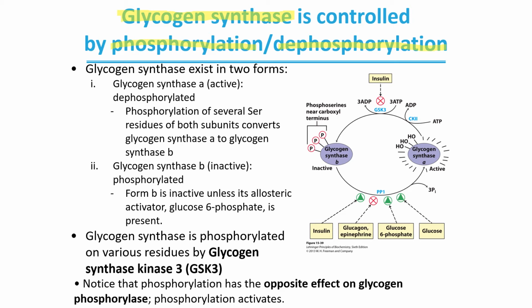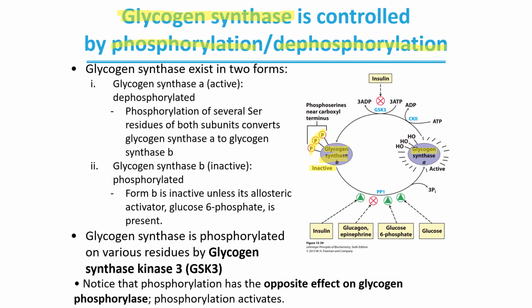And the difference is here the phosphorylated form. Here we can see the Ps with the glycogen synthase. So the B form, or the phosphorylated form, is inactive here, whereas glycogen phosphorylase was active when the phosphates were attached. Glycogen synthase is inactive when phosphorylated. So to make it active, we will have to remove these phosphates.